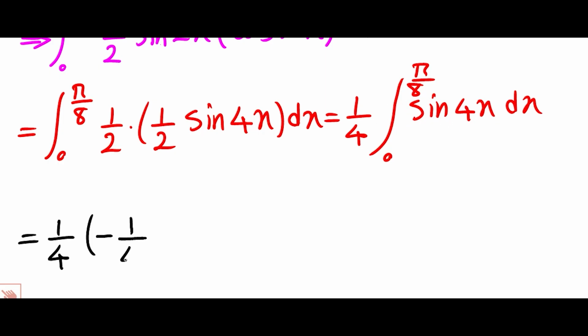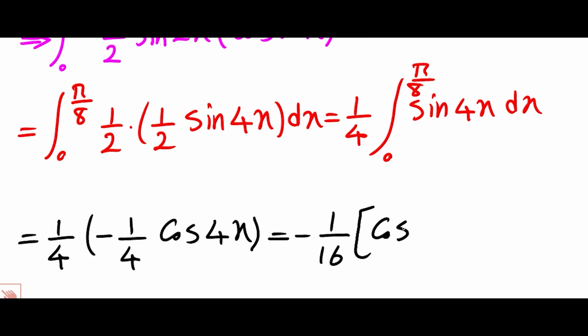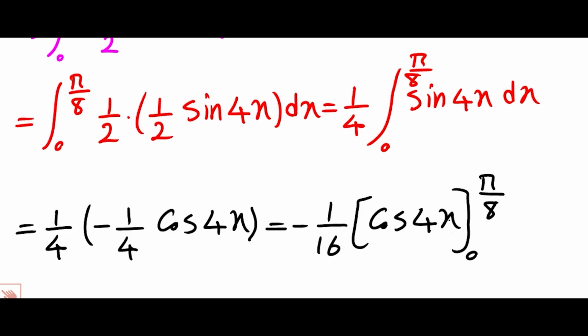And as you know, the integral of sine of 4x is negative 1 over 4 cosine of 4x, right? So we have negative 1 over 4 times 1 over 4, which is 1 over 16, times cosine of 4x from 0 to pi over 8.